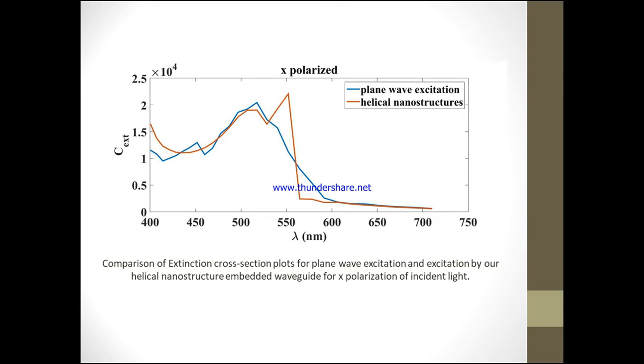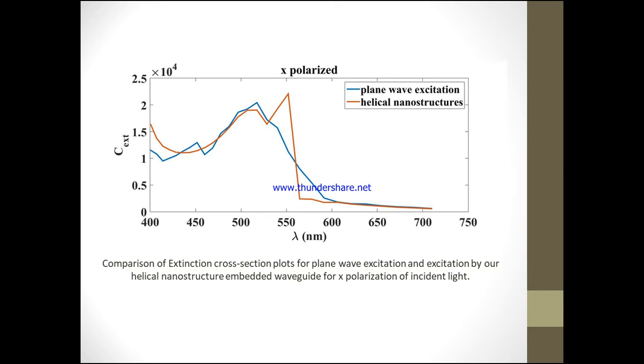Here there is another interesting aspect. The difference between the single particle resonance is very less. The single particle peak is not so distinguishable for the helical nanostructures and the plane wave excitation.